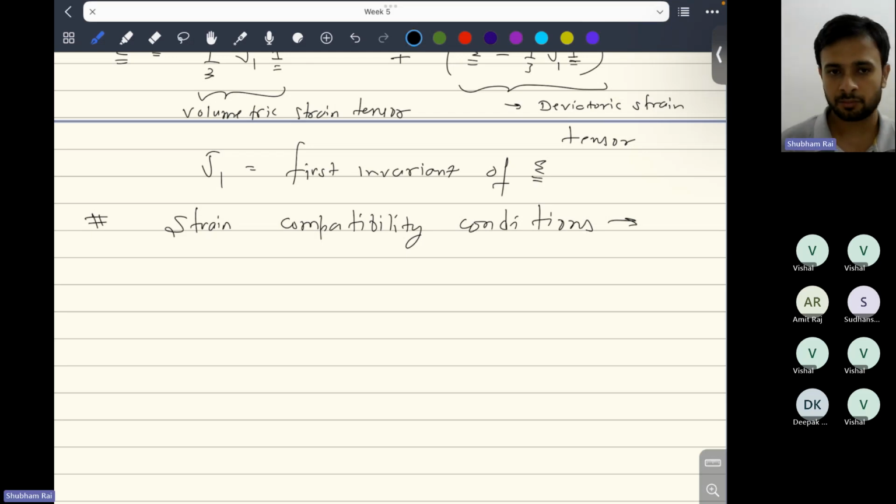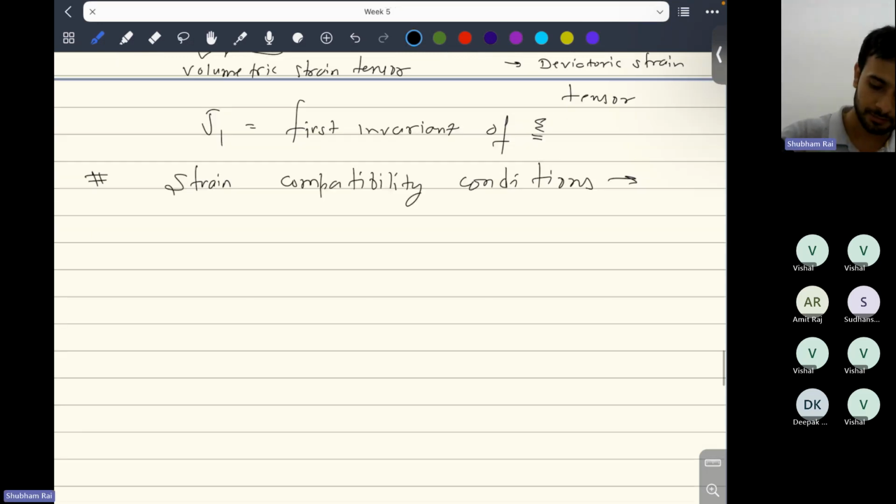The strain matrix must satisfy certain compatibility conditions in order for that matrix to be a strain tensor. So your strain matrix must satisfy these compatibility conditions so that it becomes a strain tensor.